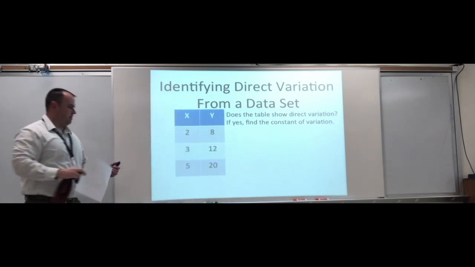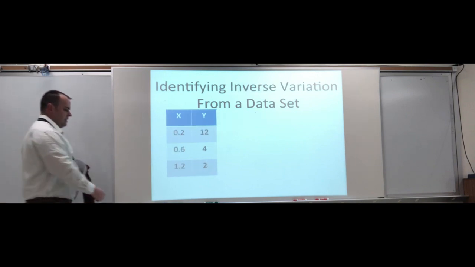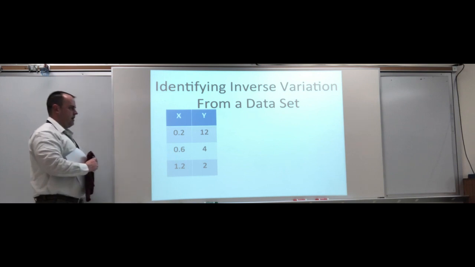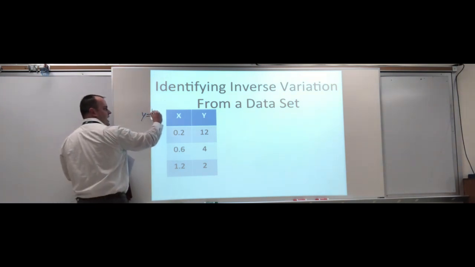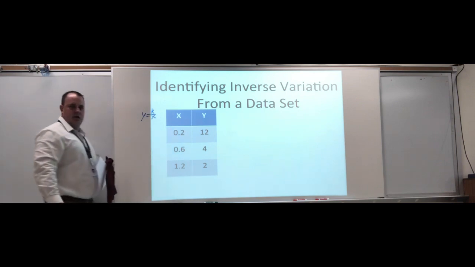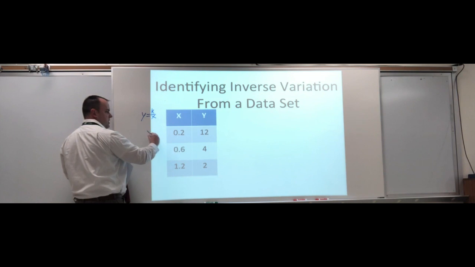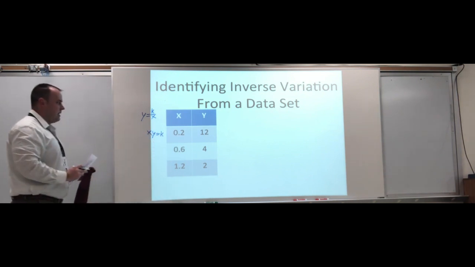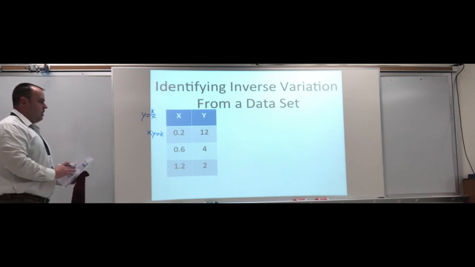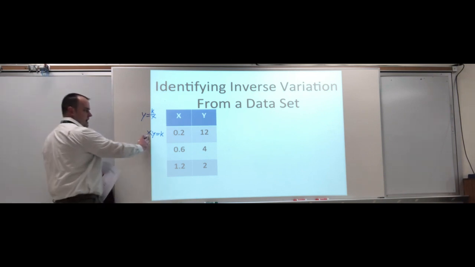Now if I ask you the same type of question, but this time with inverse variation, let's think about what the equation for inverse variation is. We have y equals k divided by x. So if we're looking at what k is, multiply both sides by x, xy equals k. So now we can look at what k should be by doing x times y.